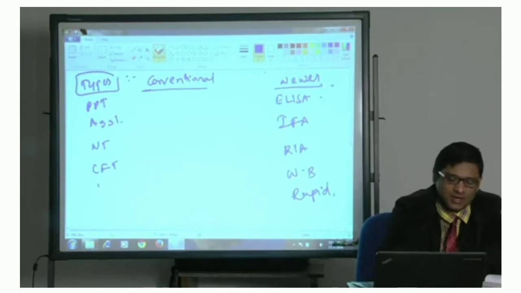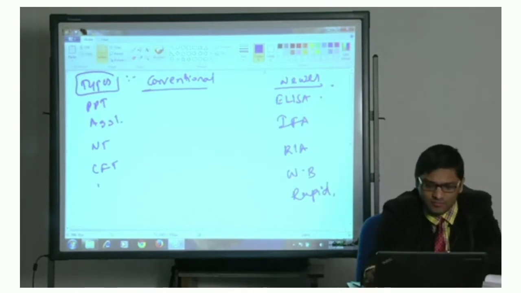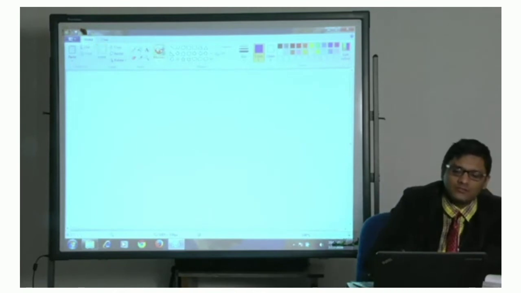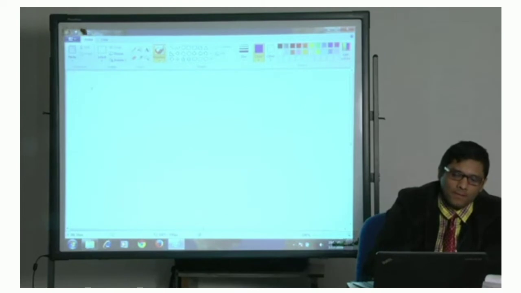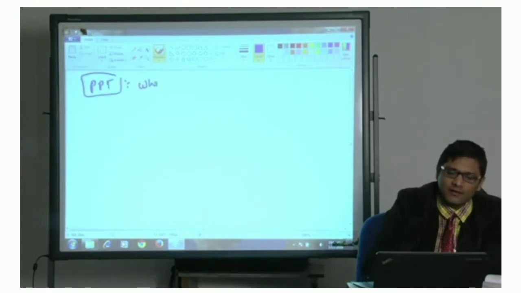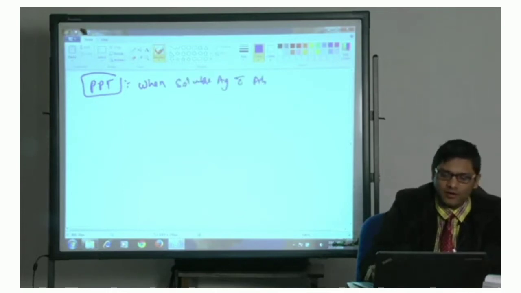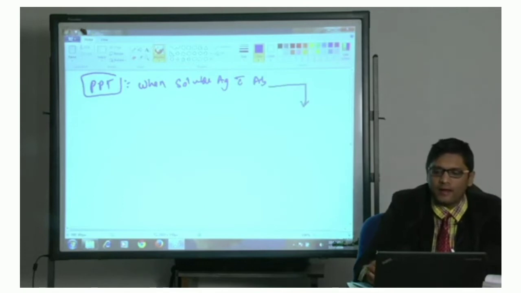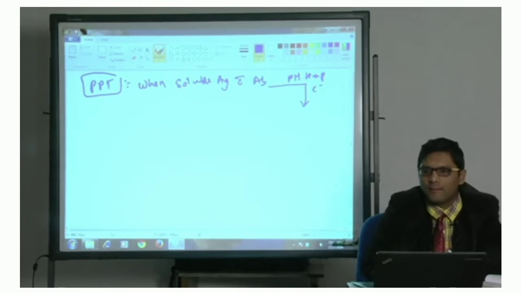So let us discuss the conventional methods first. To start with, the precipitation reaction. Precipitation reaction is when a soluble antigen reacts with its antibody at a particular pH, temperature and electrolyte concentration.